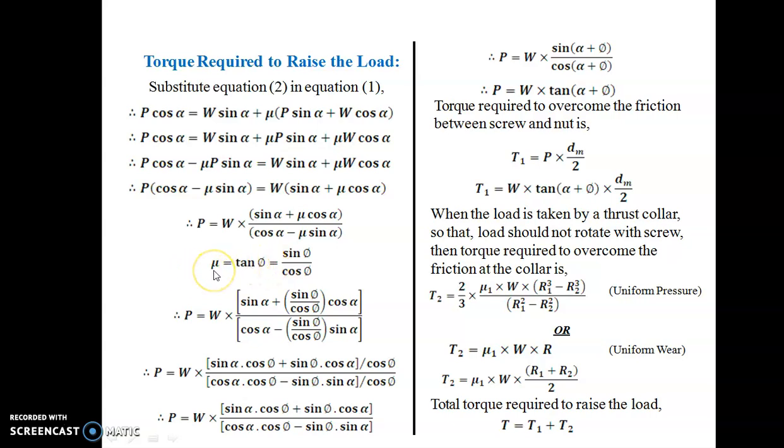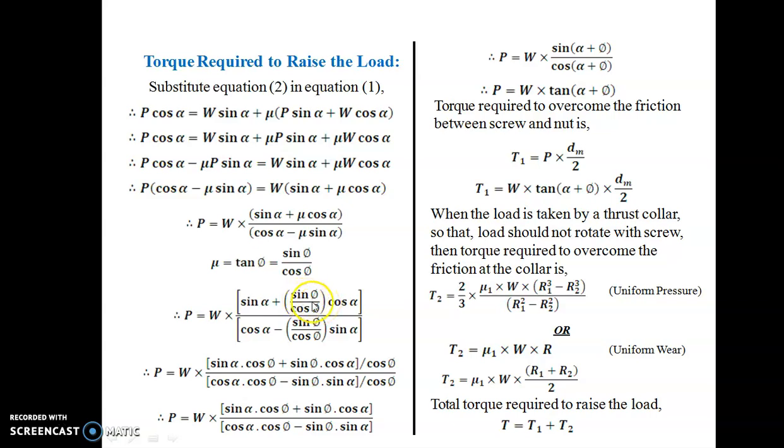So the relationship between coefficient of friction and friction angle is mu is equal to tan phi, so it is equal to sin phi divided by cos phi. So the value of mu is now in terms of sin phi and cos phi, that is in terms of the friction angle.